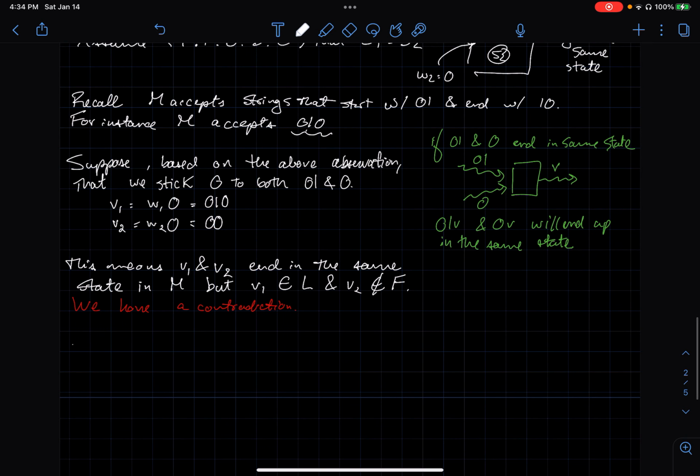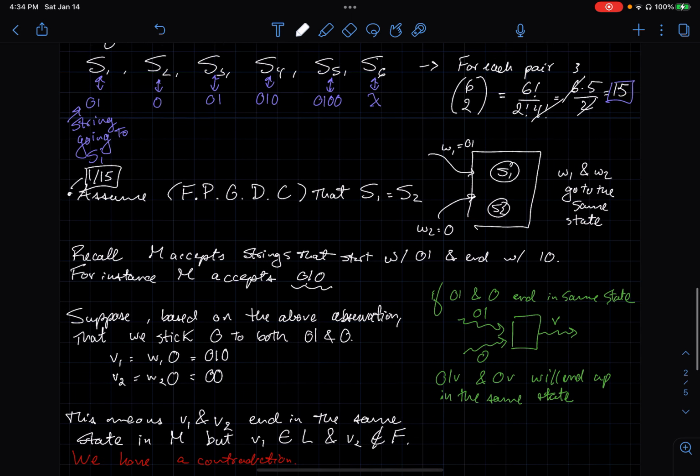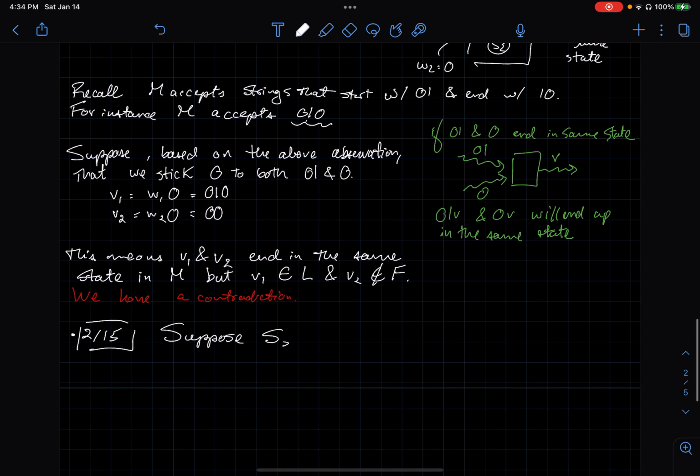So we can repeat this. So this is 2 of 15. Suppose S5 was equal to S6, right? So now I'm collapsing two other arbitrary states of this arbitrary machine. Well, they're arbitrary up to the fact that these two strings go to them.